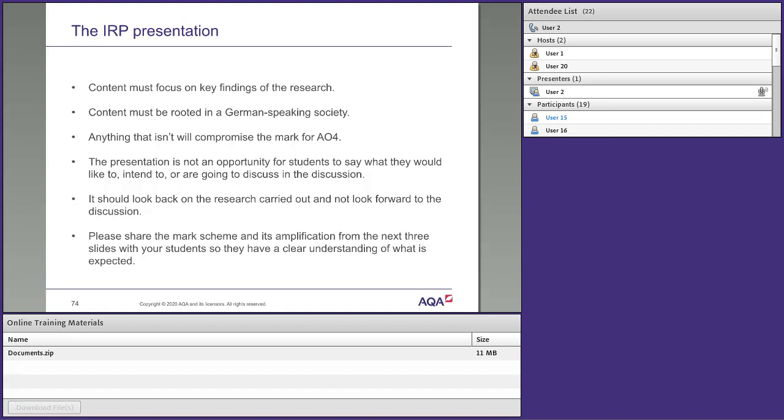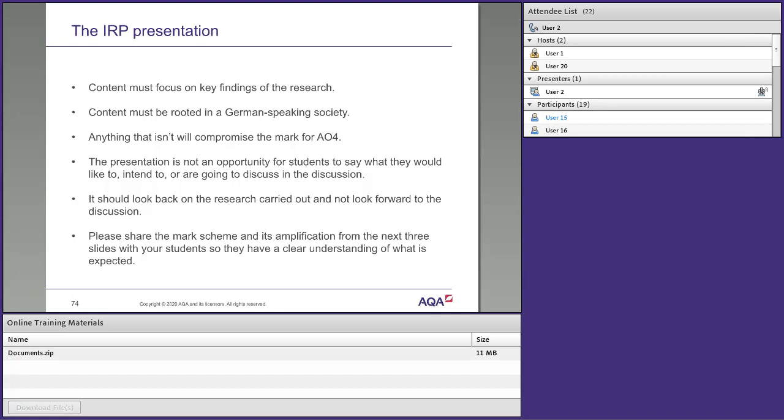So within the presentation, their content must focus on the key findings of their research. The content must be rooted in a German-speaking society, and anything that isn't will compromise the AO4. The presentation isn't an opportunity for students to say what they would like to, intend to, or are going to discuss in the discussion.